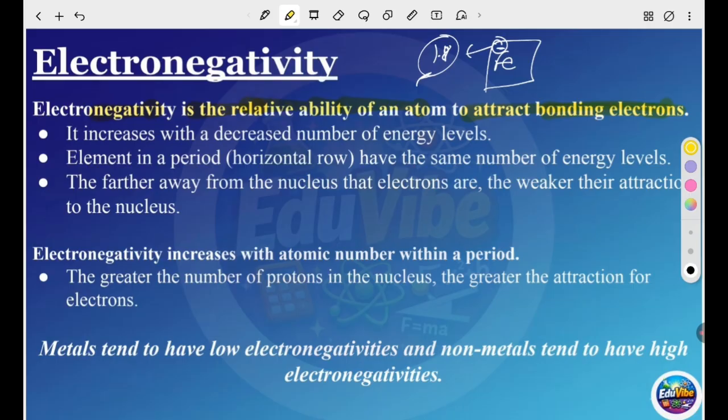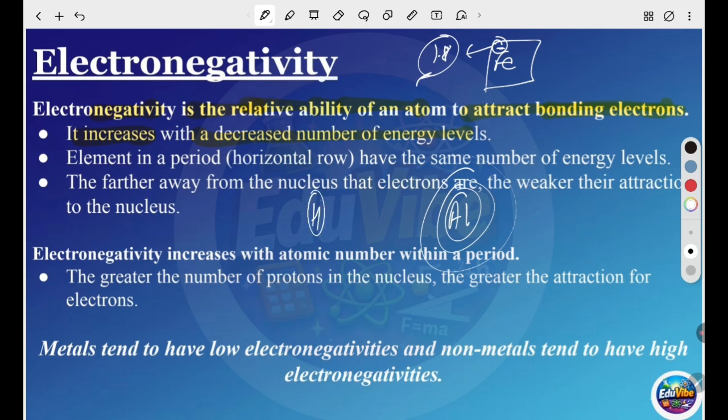Each element has its own specific electronegativity. How can we know about this? It increases with a decreased number of energy levels. Aluminium has three energy levels, while hydrogen has only one.